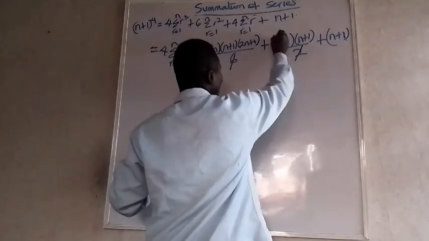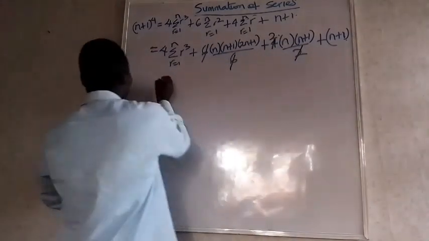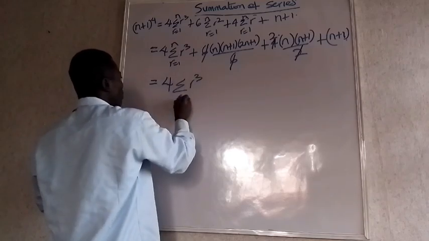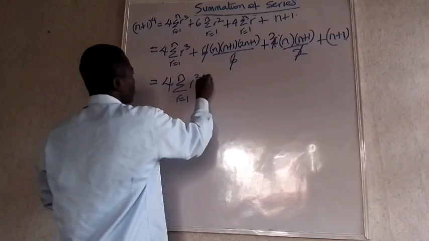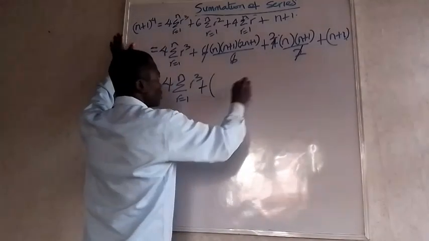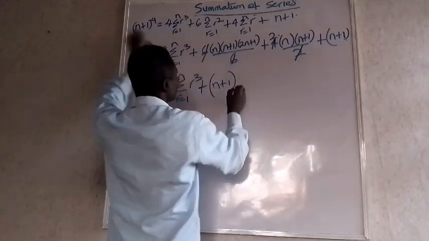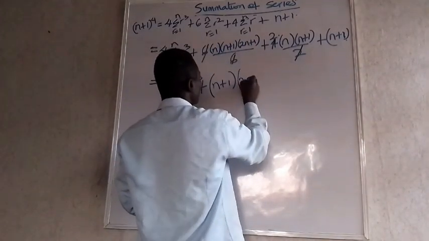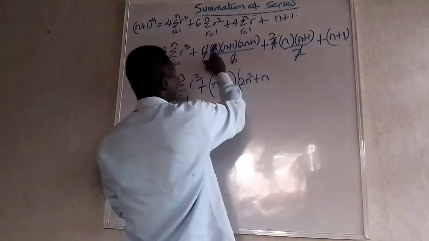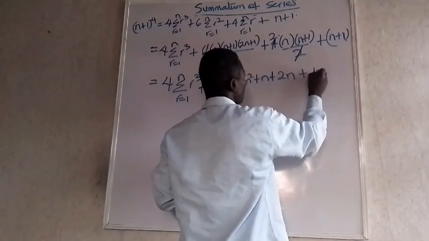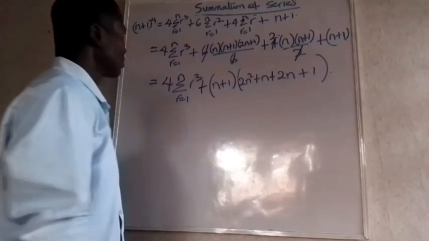Okay, this one, we have 2 here. So, we are going to have 4 summation r cubed from r equals 1 to n, plus, so this is going to be n plus 1, and here I have 2n squared plus n. This one is plus 2n plus 1. You see?